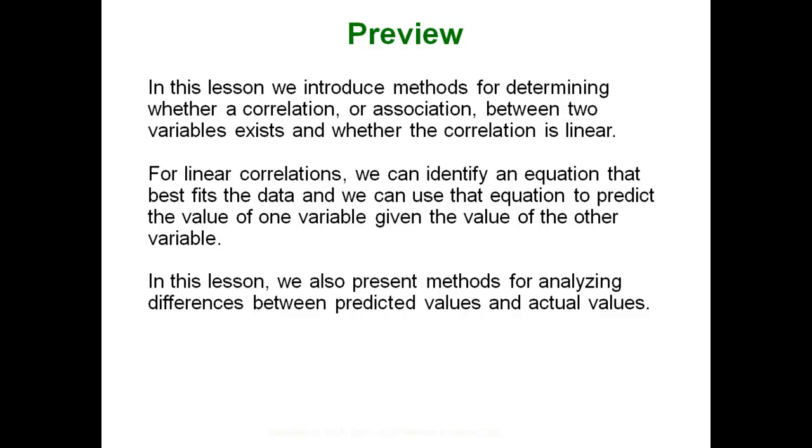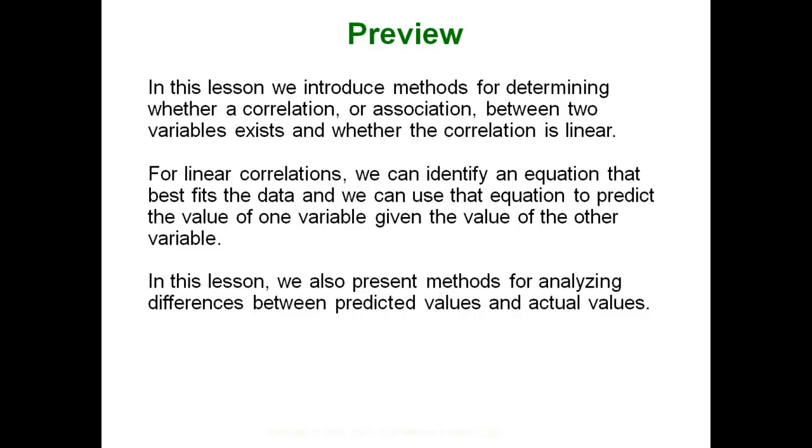In this lesson, we're going to introduce methods for determining whether or not there is a correlation, or what you can think of as some sort of association between two variables. We're going to initially look at just if that relationship is considered linear. Later on, we'll see that we can also judge whether or not there's a relationship between them that is not linear.